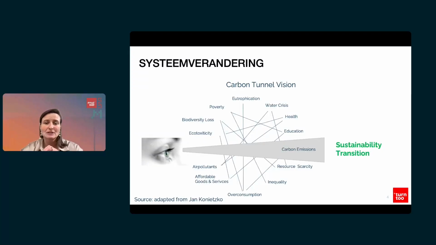And what we are currently doing is looking very unilaterally at carbon emissions. That is also called, in the literature, the carbon tunnel vision, and it has the effect that we forget all other dimensions which are very important, and we often make choices which have negative effects on other planetary boundaries I just laid out.